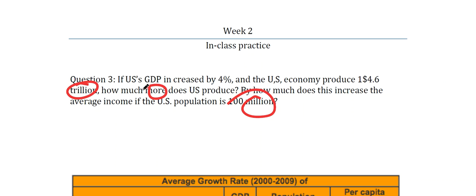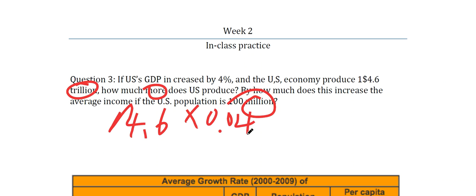So you only need to calculate the increased amount of the GDP. So the first part will be 14.6 times 0.04. Here I didn't write down the measurement unit because I only have one unit, that's trillion. So then I will get 0.58, and now I have to include the unit. So this is a trillion.